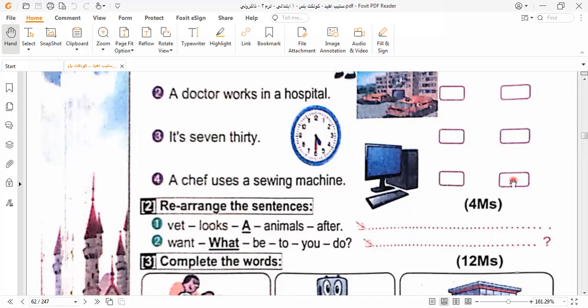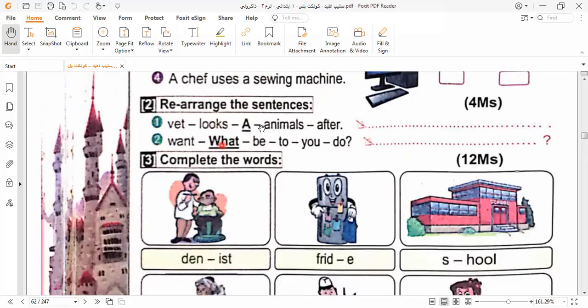So I put no. Here is unscramble. We told before: subject plus verb plus object. What can I start with? I start with the subject.